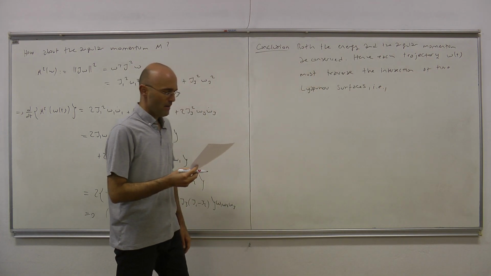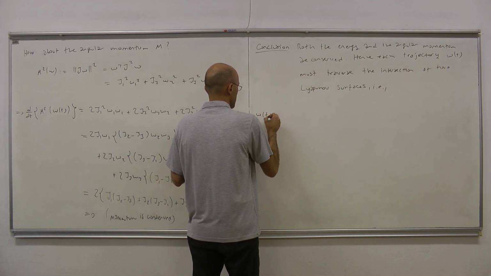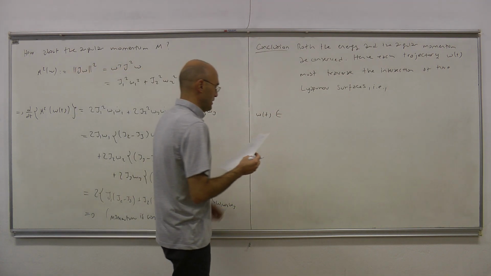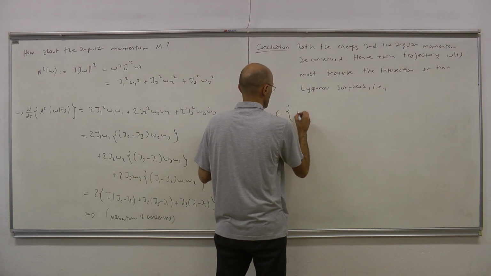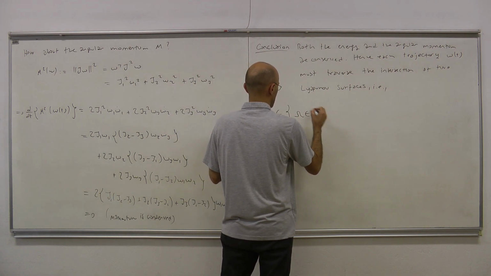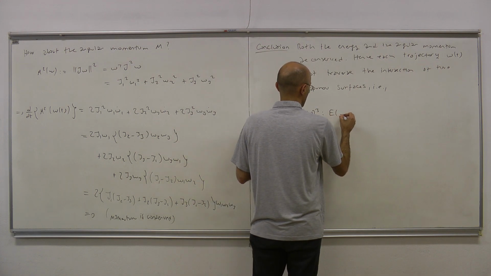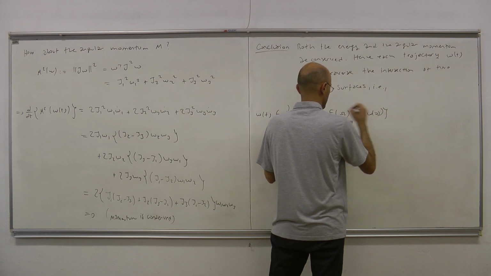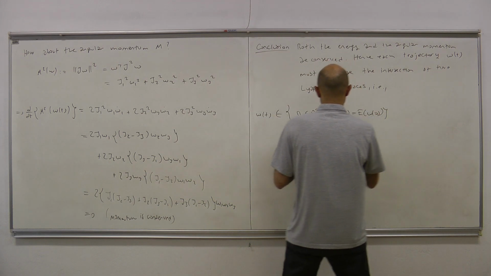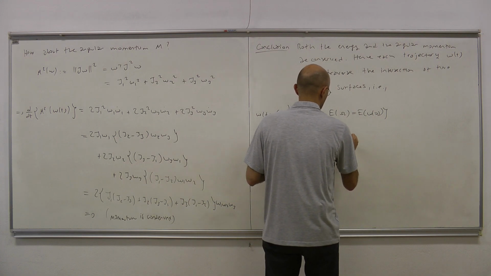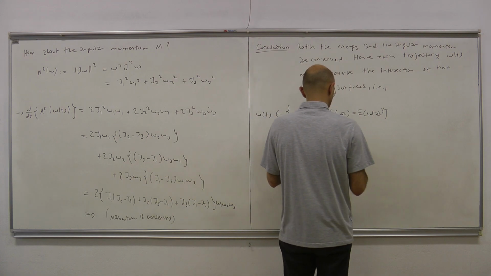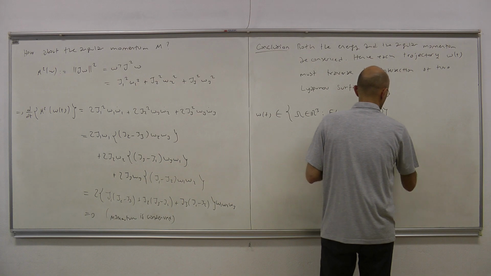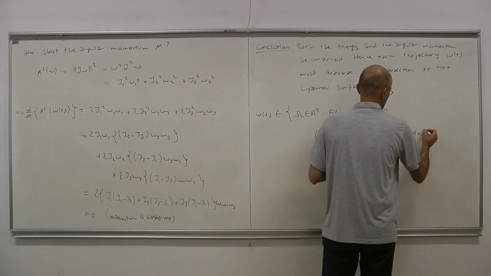Okay. That is, omega(t) must at all times, the solution must at all times belong to the intersection of this set, omega in R cube such that E of omega equals E of omega initial. Okay. And this we are intersecting with omega in R cube such that n squared omega equals n squared omega 0.